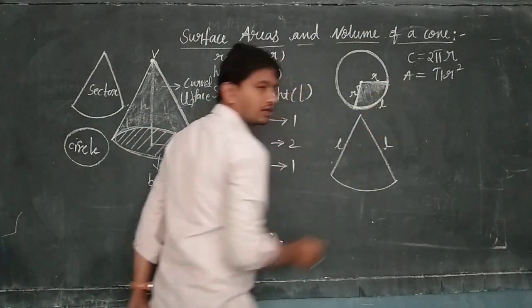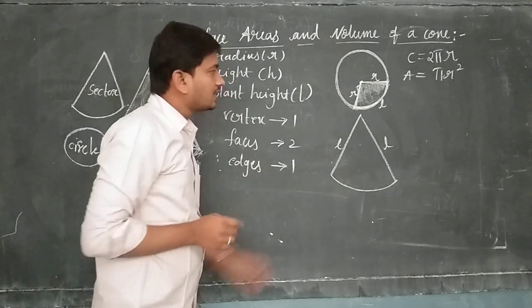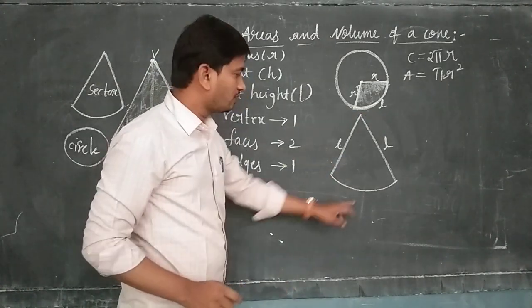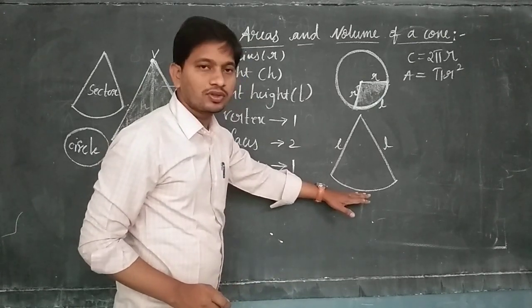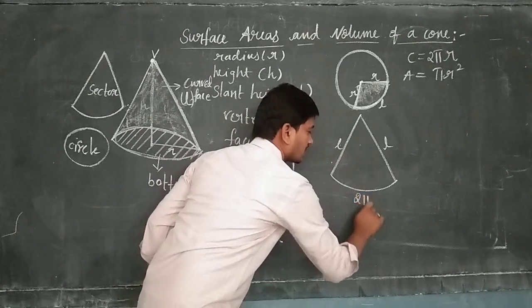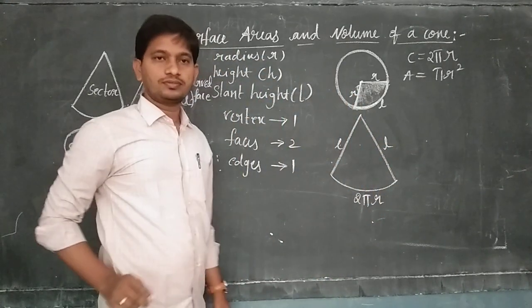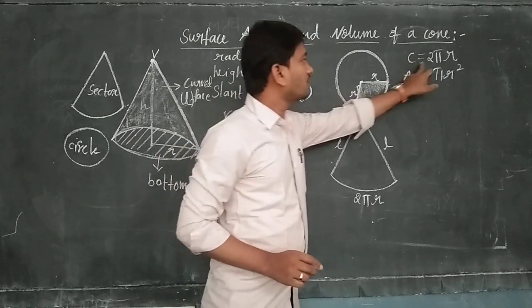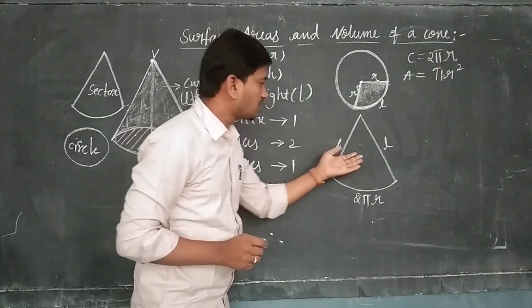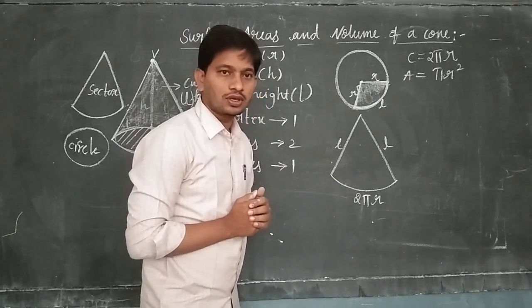For the sector, the length of the arc will become the circumference of the circle, which is 2 pi r, as we know the circumference of a circle is 2 pi r. Once again, listen about the sector.